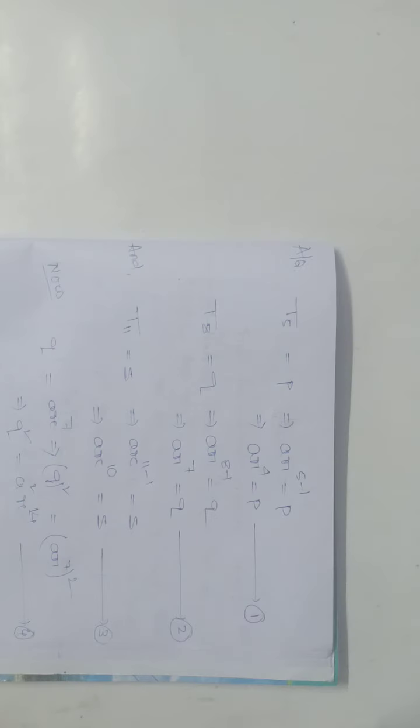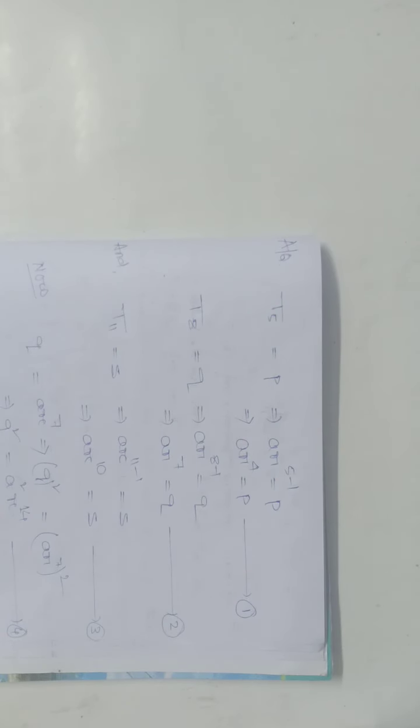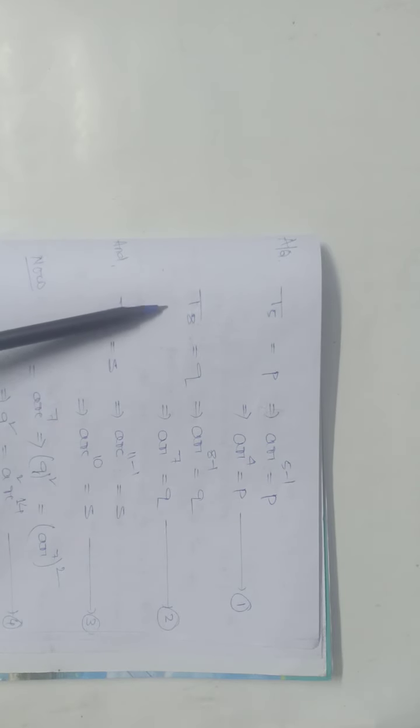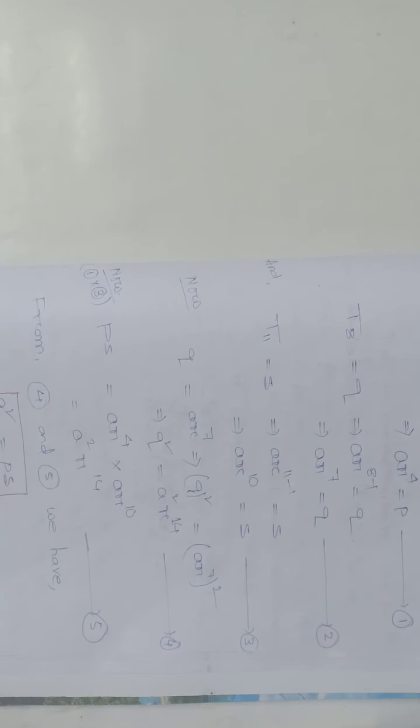Now according to the question, the 5th term is p, so we can write ar to the power 4 equal to p. The 8th term is q, so ar to the power 7 equal to q. And the 11th term is s, so ar to the power 10 equal to s. Now we have to prove that q squared equals ps.